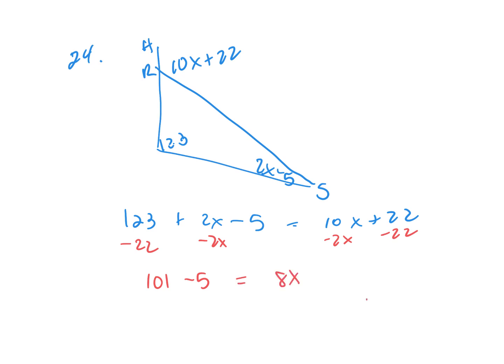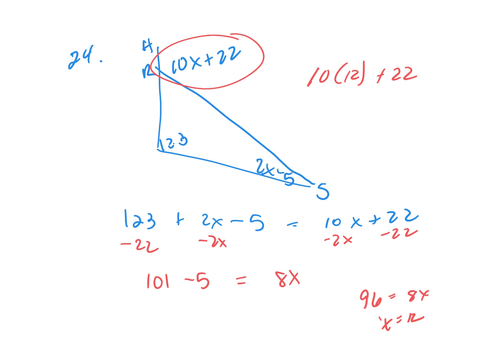So now we have 96 equals 8x, and what is x? Yes, x equals 12. And they want this angle here. So 10 times 12 plus 22 is 120 plus 22, which is 142.